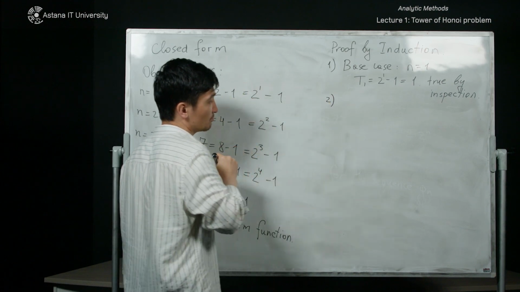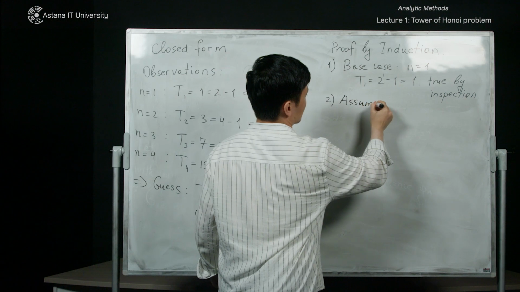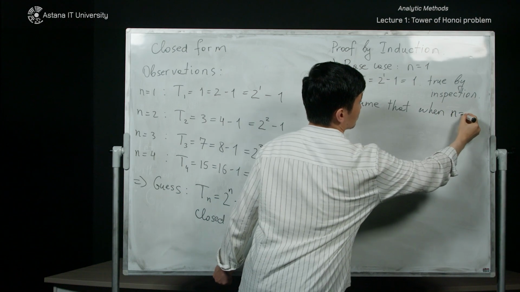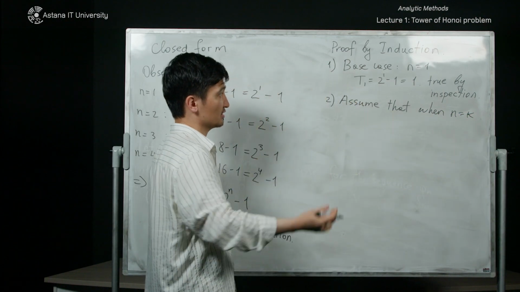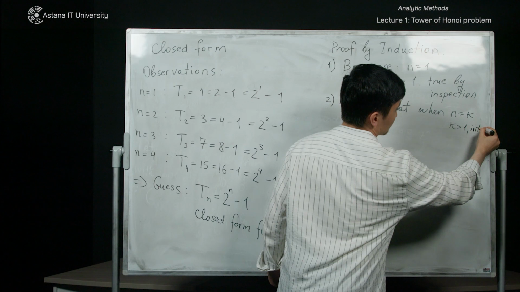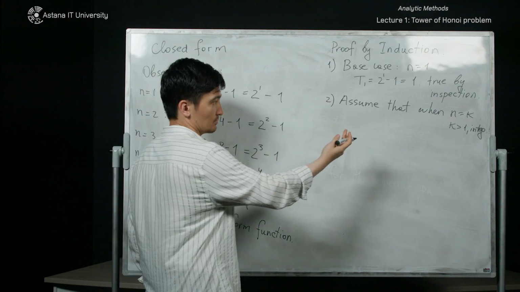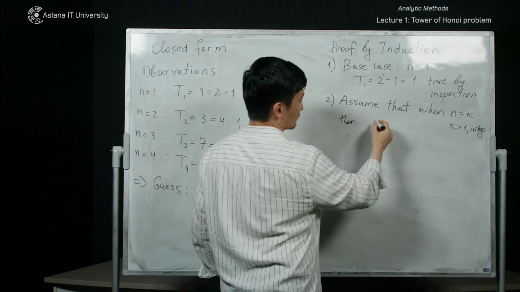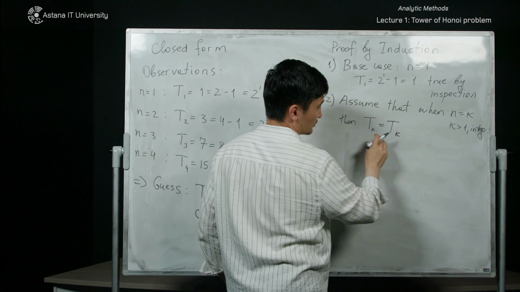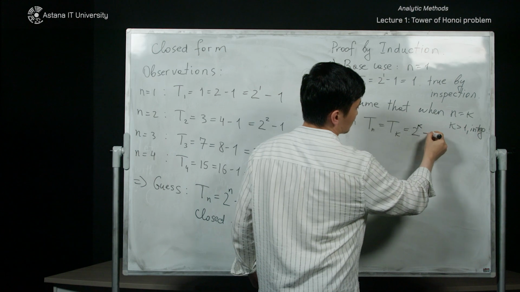Now for the second step, I'm going to say that we assume that when n equals k, and k is an integer greater than 1, then this formula, so Tn is now Tk, because we're plugging in k instead of n, will again be correct: 2 to the power of k minus 1.